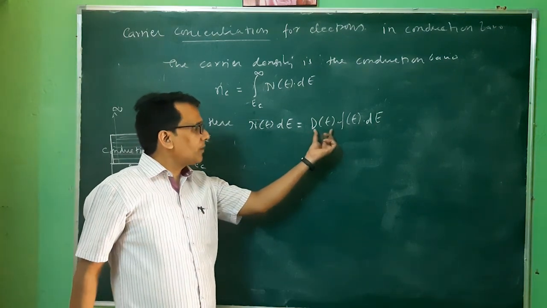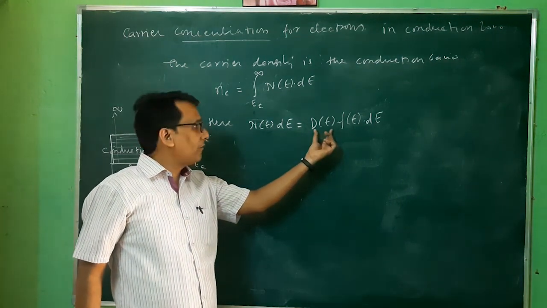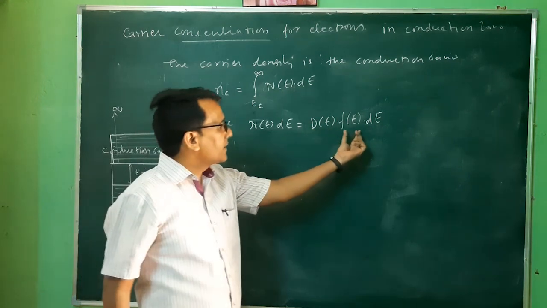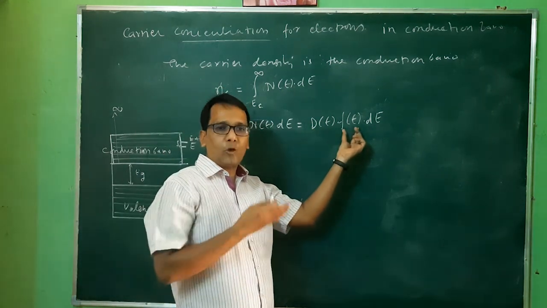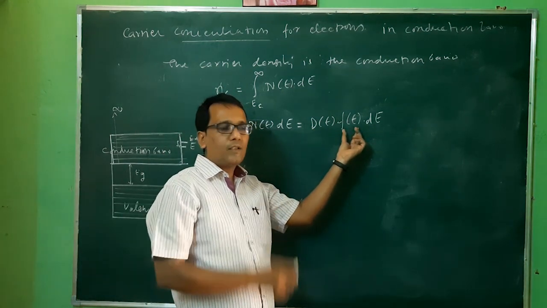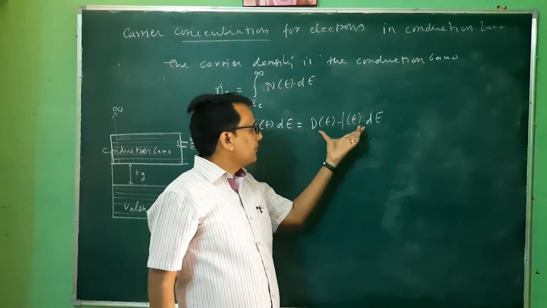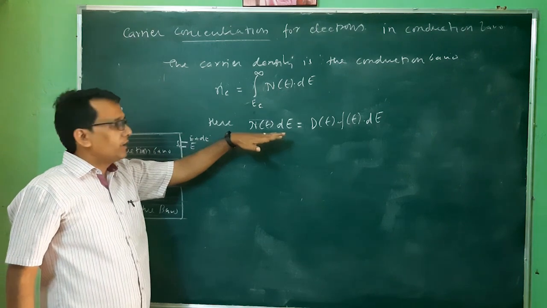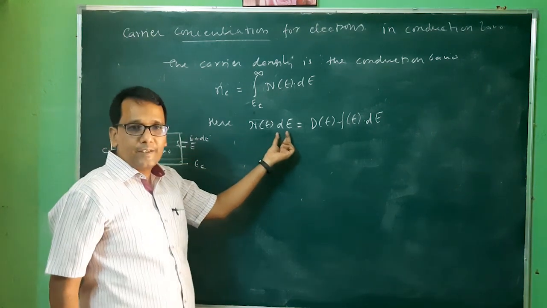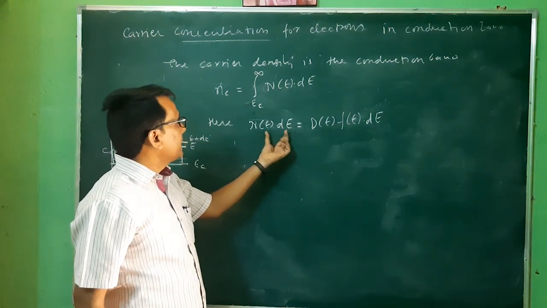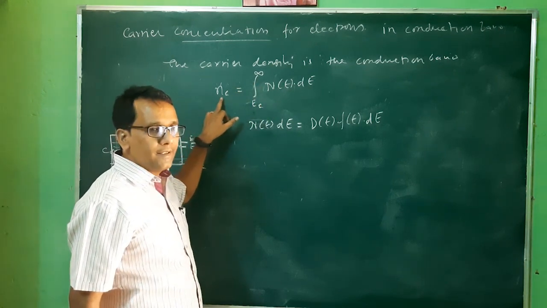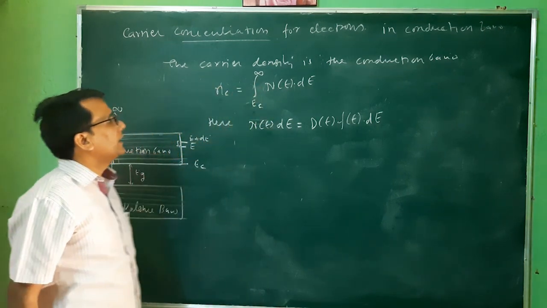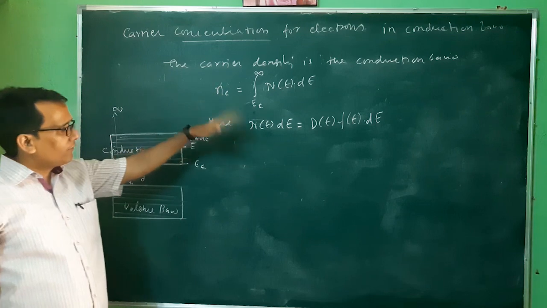The density of states is the total number of available energy states to be occupied by electrons, and the Fermi-Dirac function gives the probability of occupancy of an electron at that particular energy level. So the multiplication of these two gives the number of electrons per unit volume in that small energy range dE, and when we integrate this in this range, we get Nc. This is a simple definition of carrier density, and now we will calculate further.